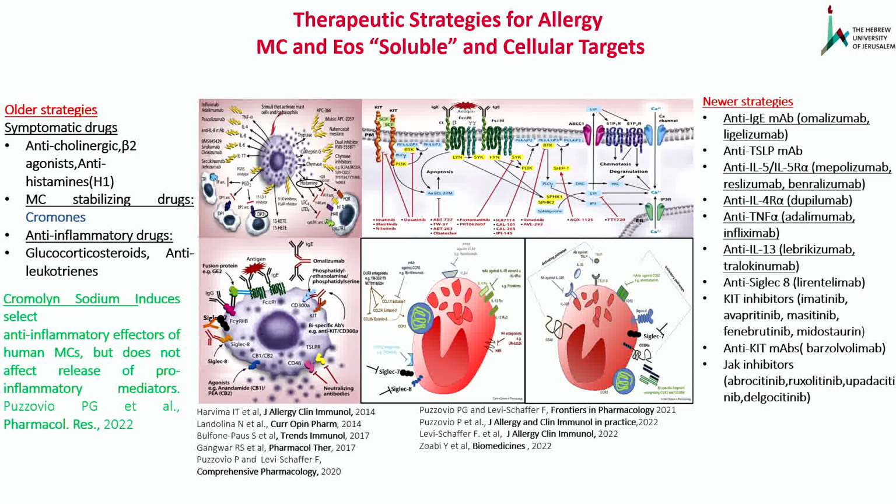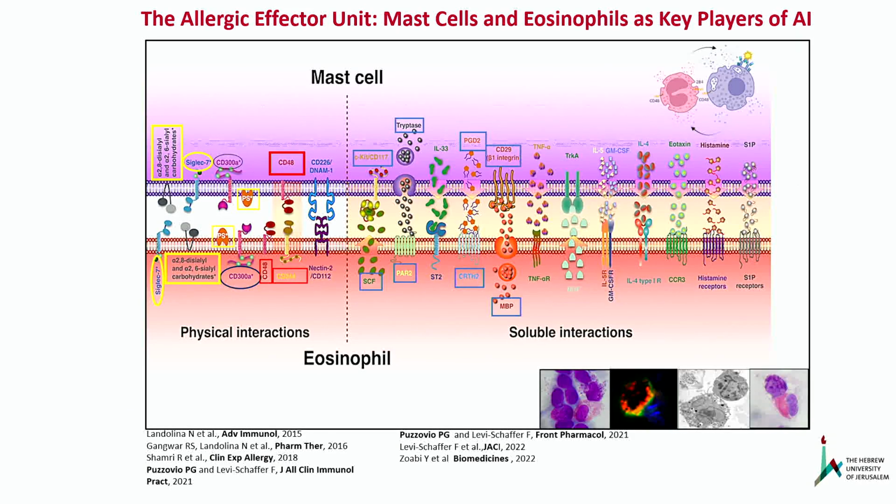Of course, there are KIT inhibitors, and of course, because it's very modern, there are JAK inhibitors, JAK1, JAK2, JAK3. So what I'm trying to show you here is that we are not at the end of the road, and new kinds of treatments such as the SPMs are very, very welcome. So, okay, the allergic effector unit.